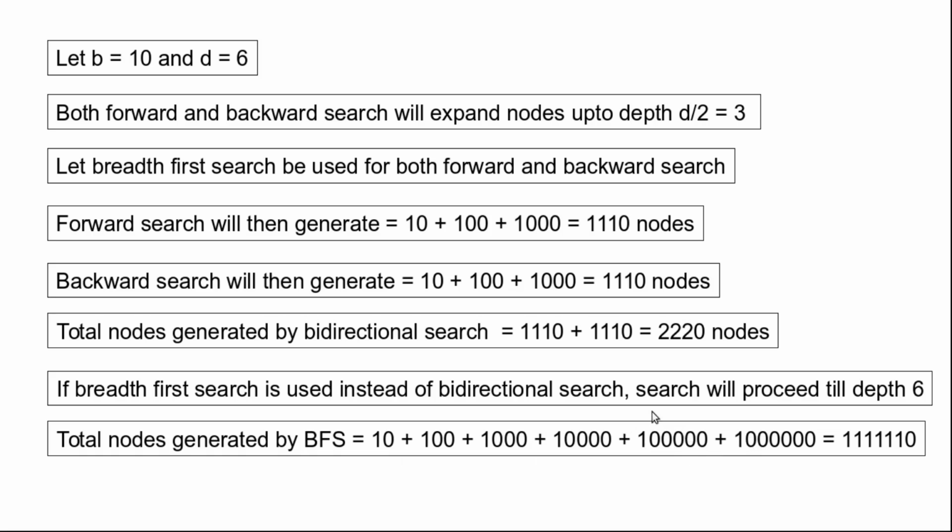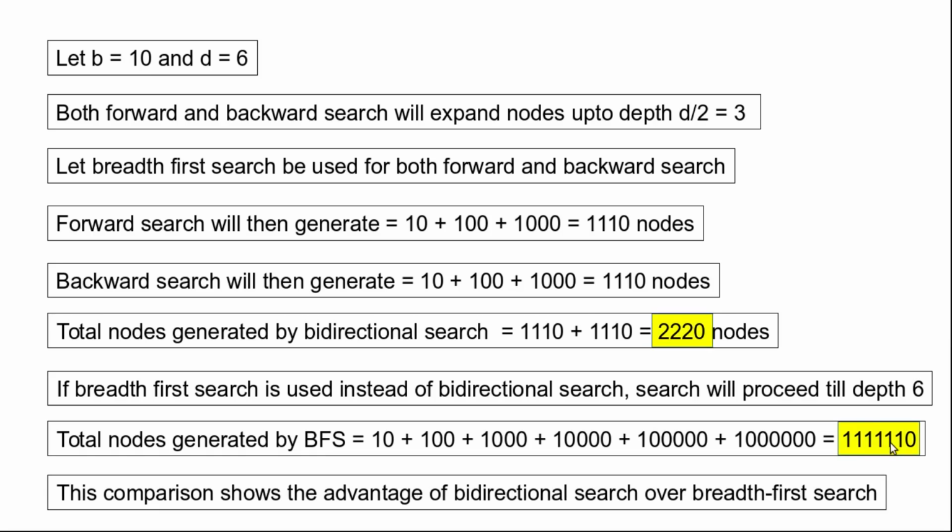So at every level, as we go to the next depth, we multiply by 10 because the branching factor is 10. If we compare the two numbers, it shows the advantage of using bidirectional search. Whereas bidirectional search generates only 2220 nodes, BFS will generate a comparatively large number of nodes.